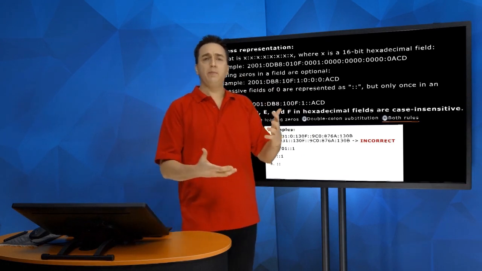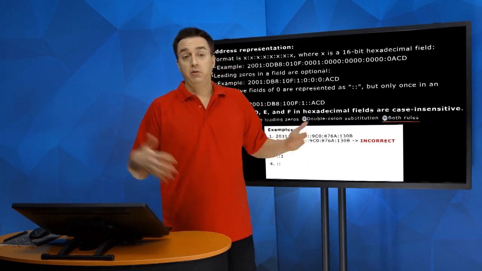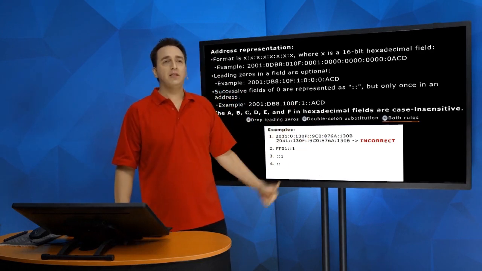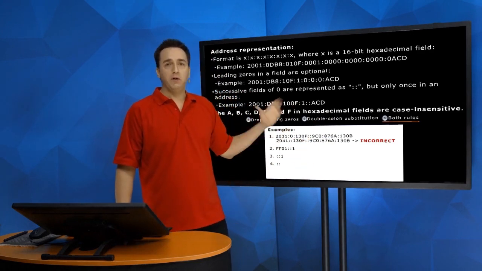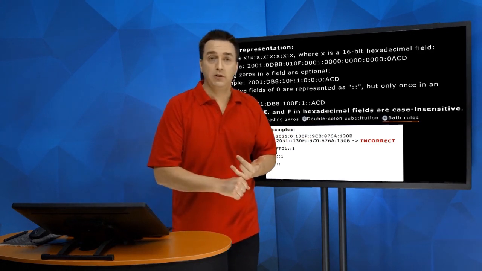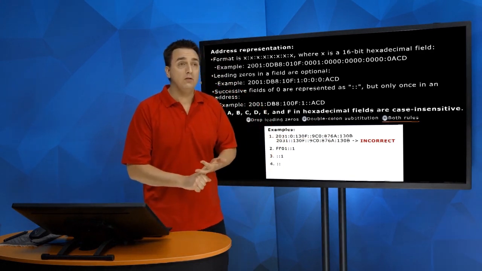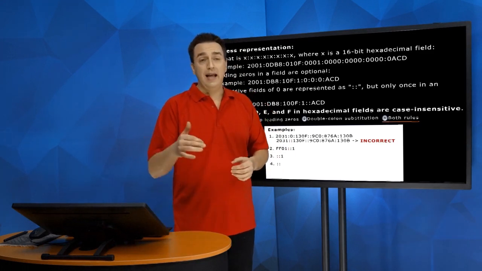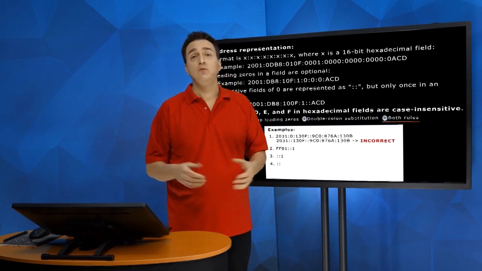But if you're ever looking at a sheet of paper, a document, or an exam, and you have to pick out invalid IPv6 addresses, know what would cause them to be invalid: more than one double colon substitution, dropping the wrong zeros, and last but not least, invalid characters. 0 through 9 are valid, A, B, C, D, E, and F are valid. Everything else would be invalid.